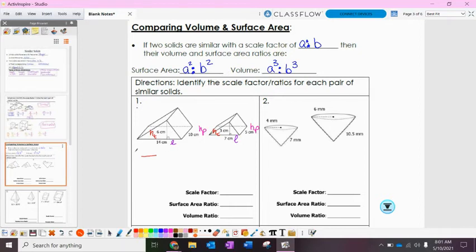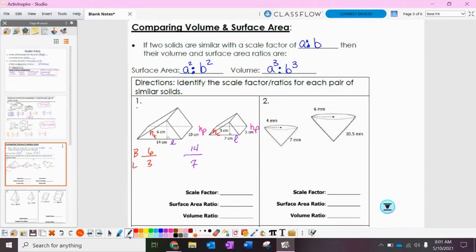So for the height of the triangle, I'm going to go big to little. That's big to little, okay? Being consistent every time. So that's going to be 6 to 3. Again, keeping it big to little, when I compare the lengths, it's going to be 14 to 7.